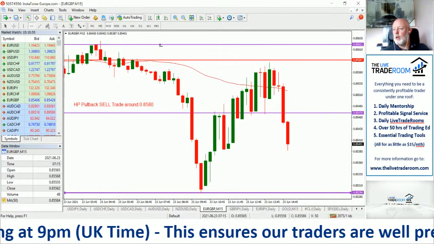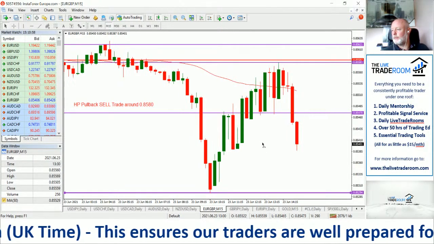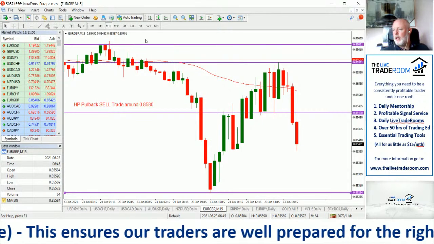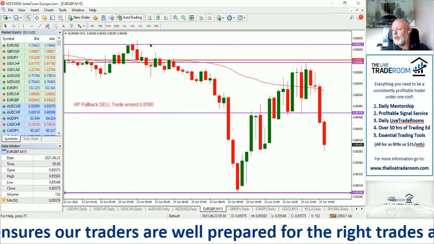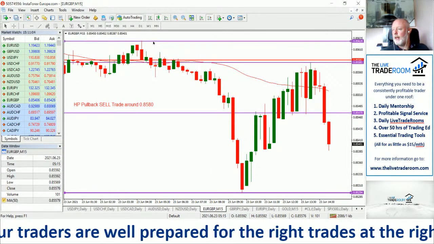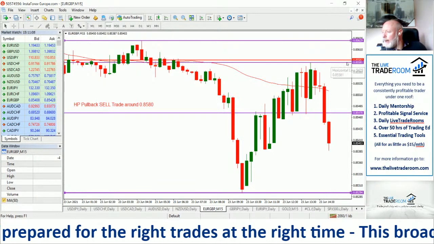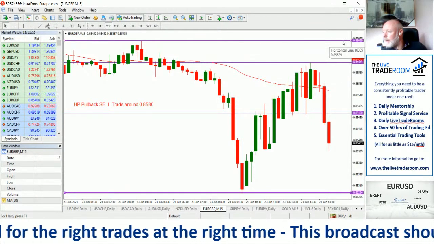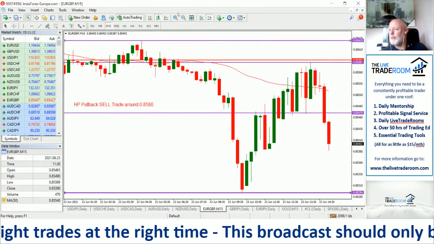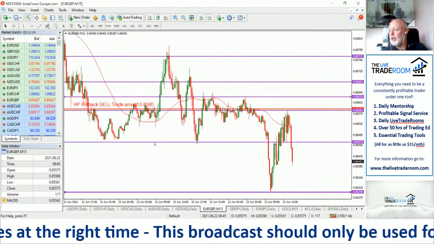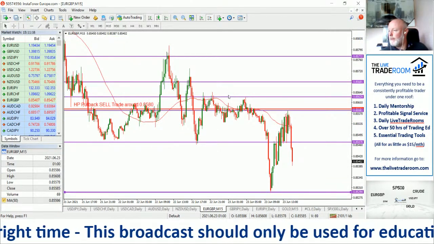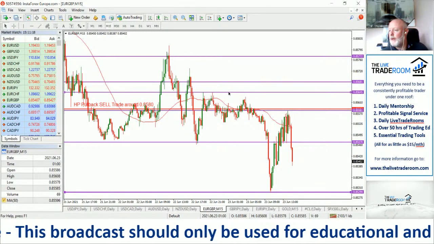So good opportunity on that one. I don't know where you're placing your stop loss. You've got a stop loss here around the 85.60 level, but also just probably a few pips higher would probably be marginally better. In fact, maybe a few pips higher than that.